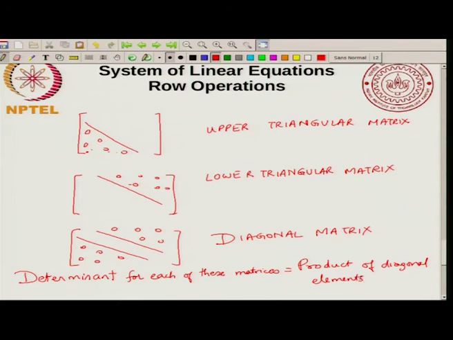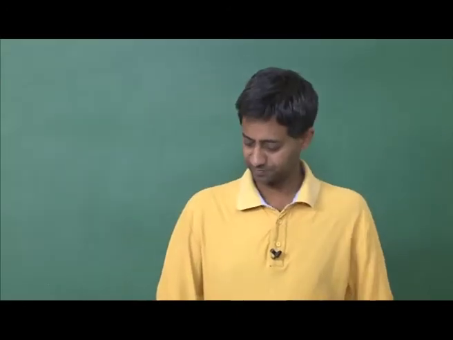So, whether you have an upper triangular, lower triangular or a diagonal matrix, the determinant of each of these matrices is nothing but the product of the diagonal elements.